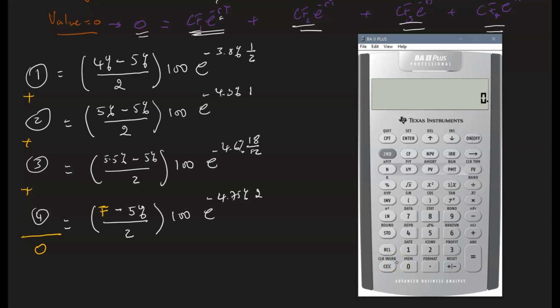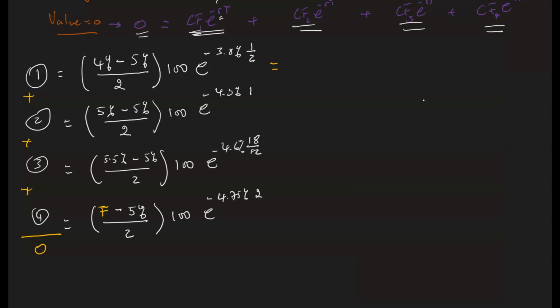So my exponential term is going to be 3.8% minus divided by 2 equal, and I'm going to do the exponential of that, so second function exponential. That gets me that, and I multiply that by 0.5 minus equal, and that gives me 0.491.